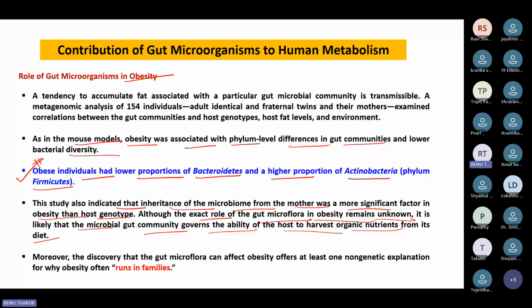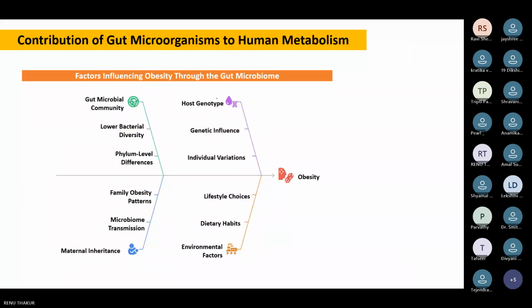So, you can see this picture. I have made this in comparison, or to let you know about the factors influencing obesity through the gut microbiome. So overall, you can also compare this. So the gut microbial community: low bacterial diversity, phylum-level differences, family obesity pattern, microbiome transmission, maternal, all these things play a role in the gut microbial community.